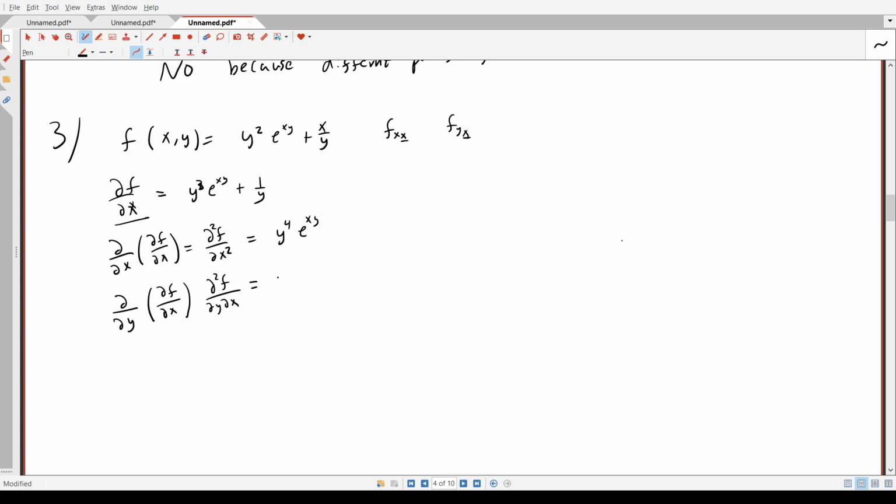So that's going to be, oh sorry, no, that's not right. It's going to be y cubed x e to the xy, right? The derivative of this with respect to y, I have to bring down the x, plus 3y squared e to the xy, and then minus 1 over y squared. And those are my two derivatives.